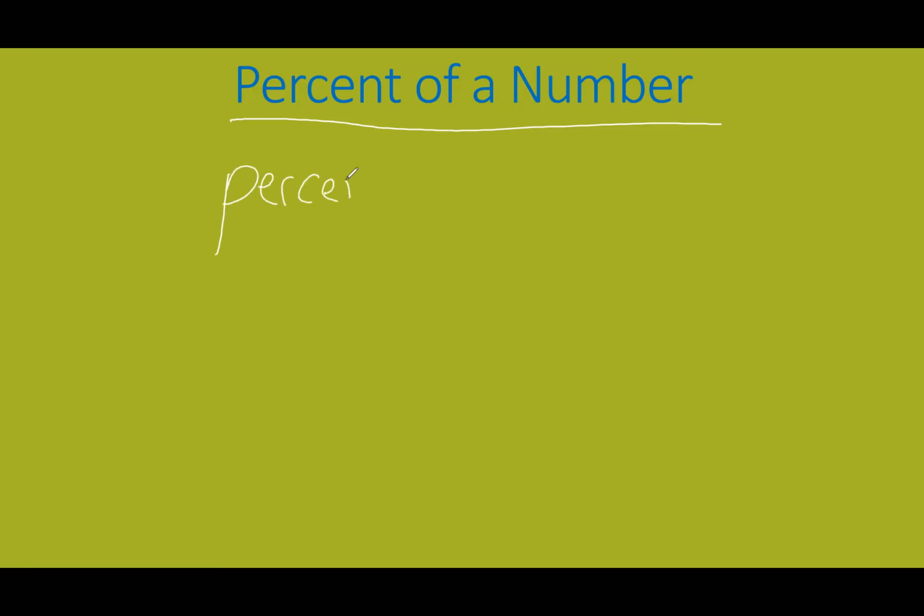So we're talking about finding the percentage of a number. Now you guys already know that if I wanted to find half of 10, that means what I'm really doing is 1/2 times 10, right? And then I turn that 10 into a fraction, and I simply multiply my numerators, and I get 10, and I multiply my denominators, and I get 2.